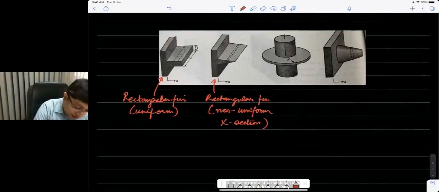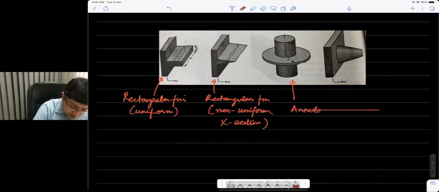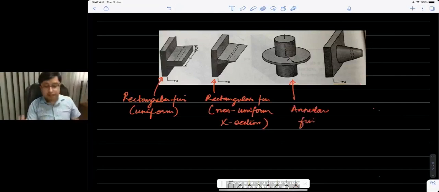The third configuration is an annular fin. An annular fin is one in which you have discs mounted on the cylinder, on the tubing. So you'll have not just one disc, but multiple discs on the cylinder.